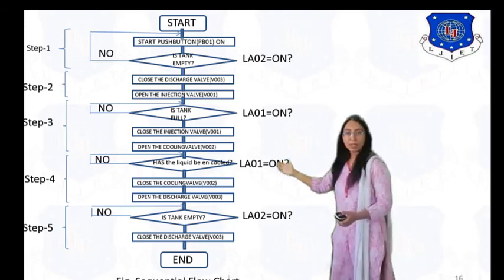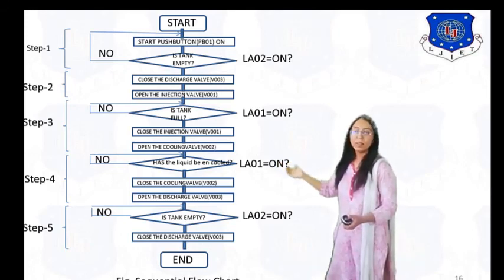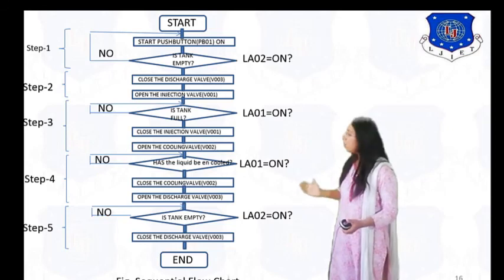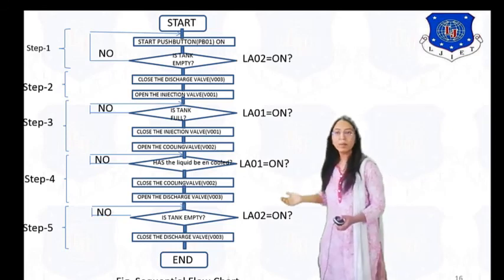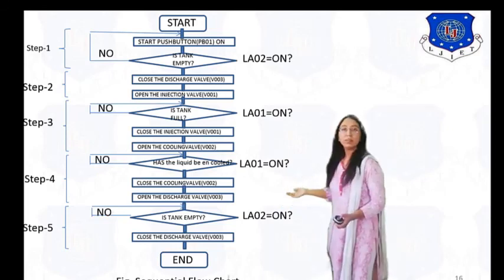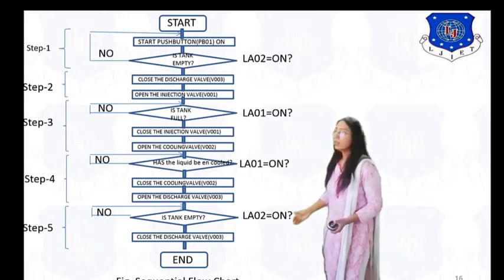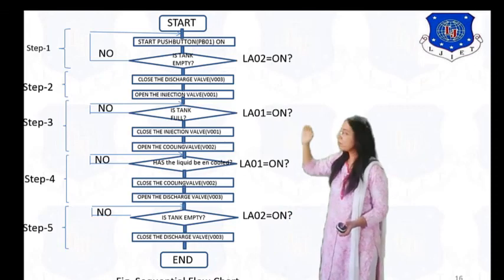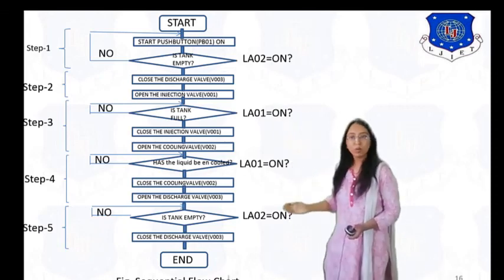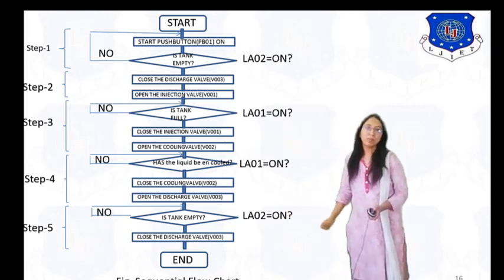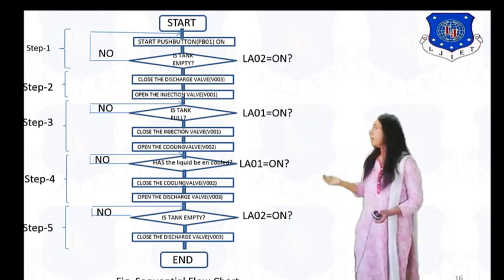Then if our liquid has cooled down, right? Then close valve 2 and open valve 3, and if the tank is empty, then close valve 3. So this is a closed loop system, and it's called a sequential flowchart. We are using it in programming.